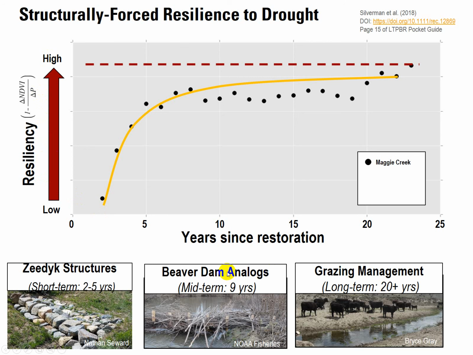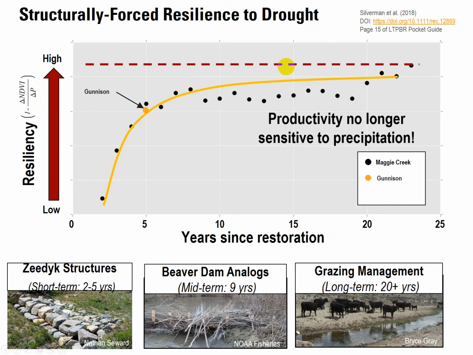And in this paper that Nick Silverman and a bunch of us published, that Jeremy will review tomorrow, basically showed that you can increase resiliency with adding structure, such that in this case, the resiliency of green groceries, production of vegetation in the valley bottom, is no longer sensitive to precipitation. And Jeremy will share you the details of that.